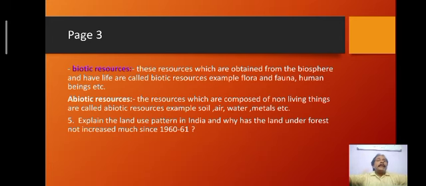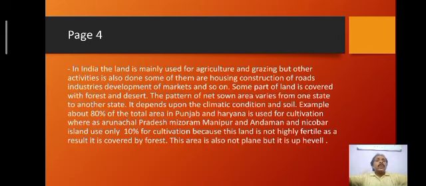Next question, explain the land use pattern of India and why has the land under forest not increased much since 1960-61. So in India the land is mainly used for agriculture and grazing, but other activities are also done. Some of them are housing, construction of roads, industries, development of markets and so on.